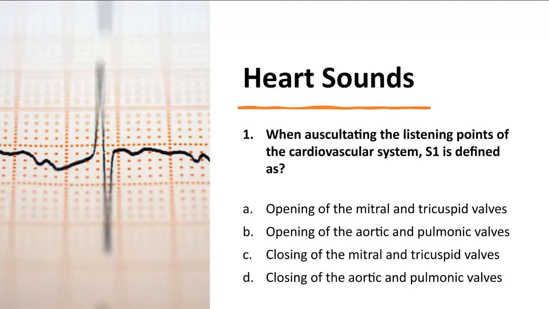So tell us, what do you mean by that, Mo? So when you hear S1 is lub, S2 is dub, right? Did we lose you? I think you did. S4 is before the S1, so it's like a ventricular gallop.